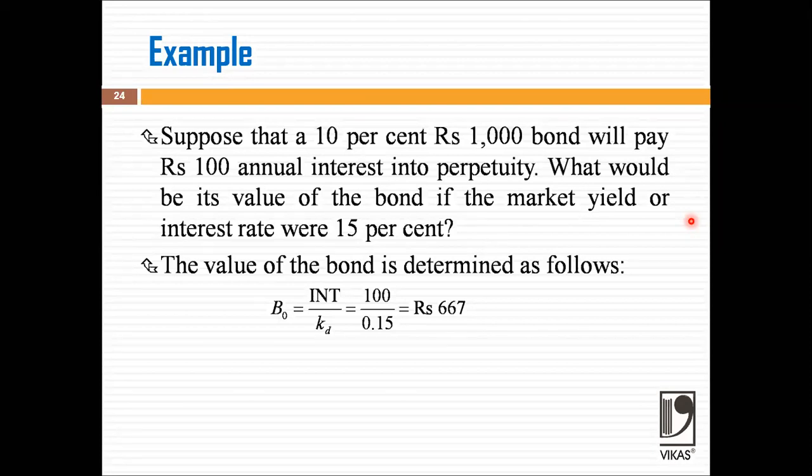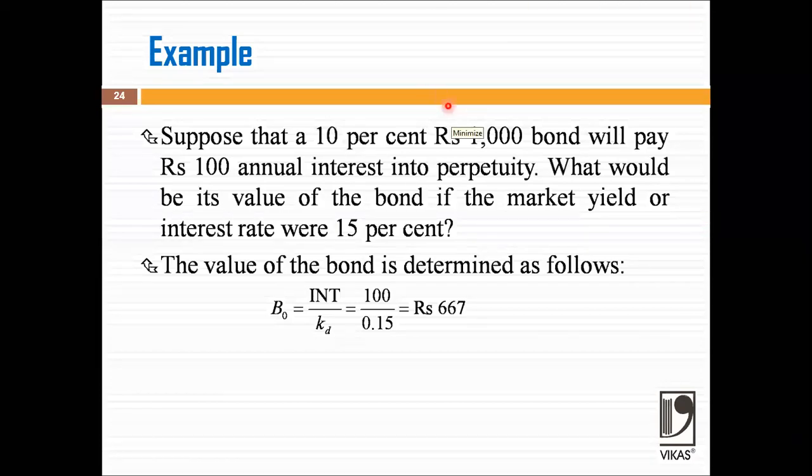Dilan Madhusanga, tell me, at a time, how much can we receive as interest in a period? 100. Yes, good. Everybody of my students has got the idea. Now the value of the bond is determined as follows.